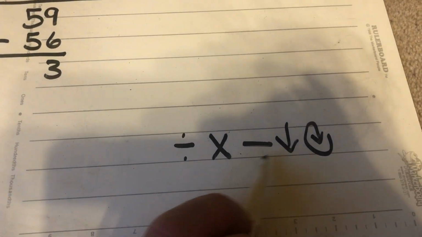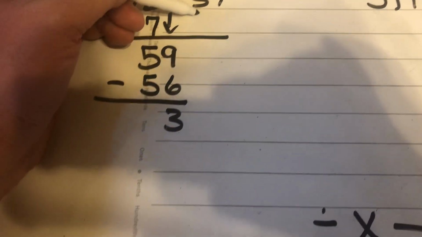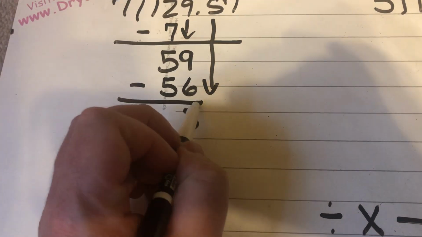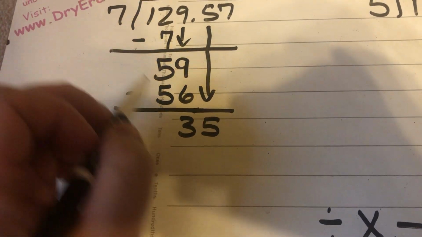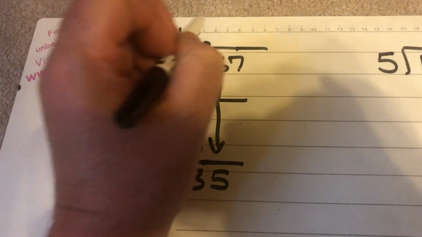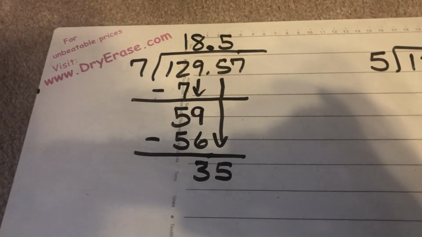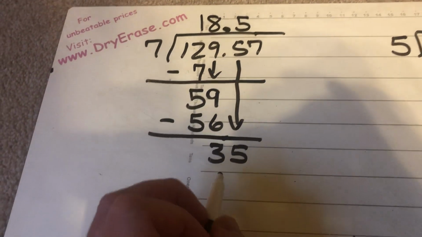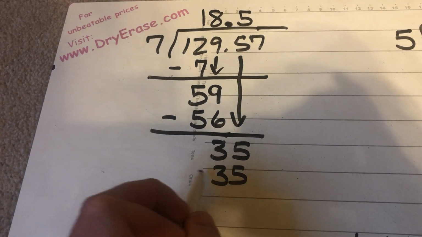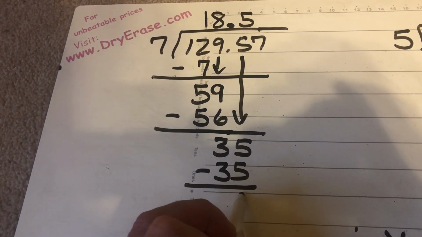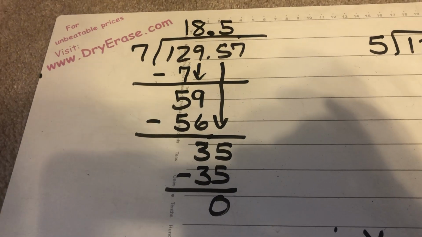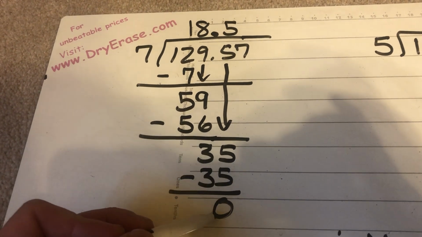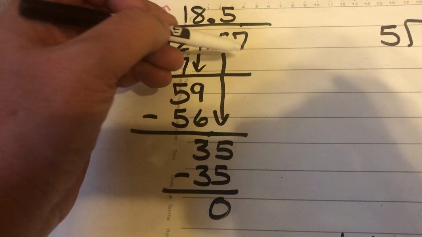So after I subtract, I bring down. I'm going to go ahead and bring down the 5. I believe that 7 can go into 35 5 times. 5 times 7 is 35. 35 minus 35 is 0, which I like because 0 is less than 7.